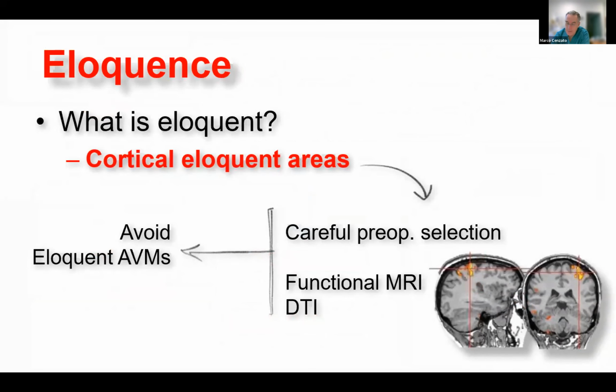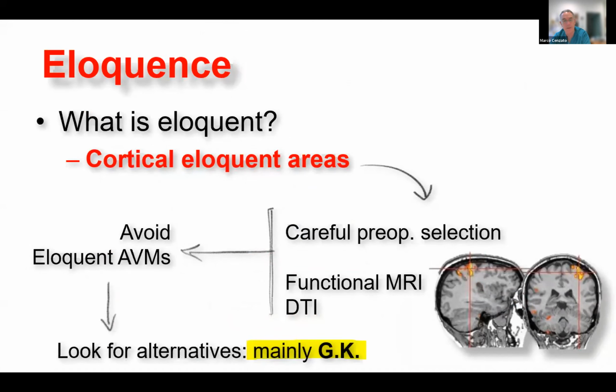So as we know, cortical eloquent area will be spared by surgical treatment, and for this reason, we have to do a careful preoperative selection and avoid clearly eloquent area with a functional MRI, DTI, and whatever you think.